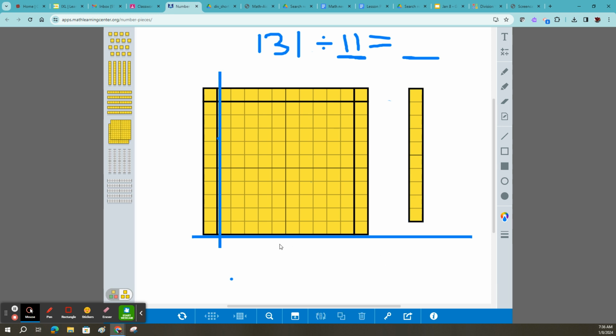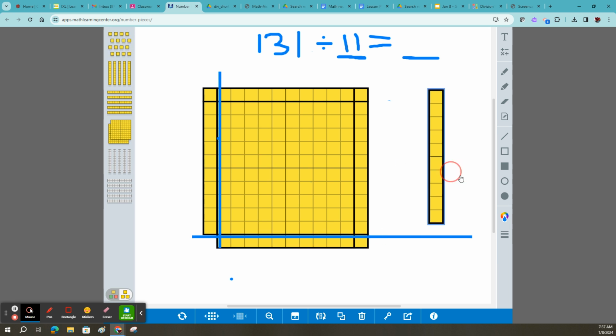Now what I have to do is build the missing factor. So what factor would go along the bottom here that would even up with my area on the inside? Well, I can see that 10 times 10 would give me that 100, okay? And I can see that 10 times this 1 would give me that 10.